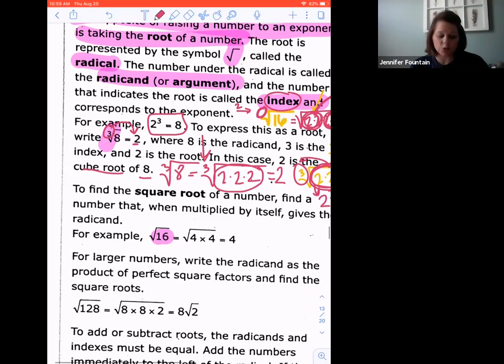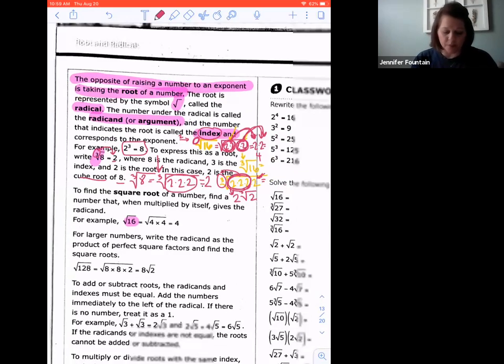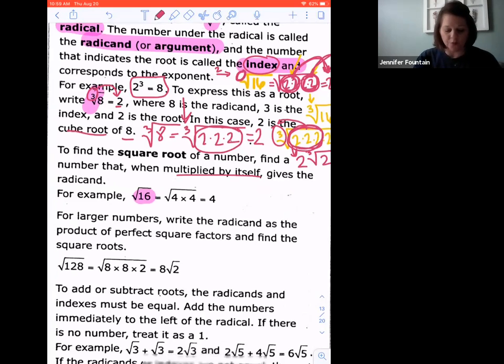So it says to find the square root of a number, find a number that when multiplied by itself gives the radicand. So if I'm doing the square root of 16, I think, what times itself is 16? And that's 4.